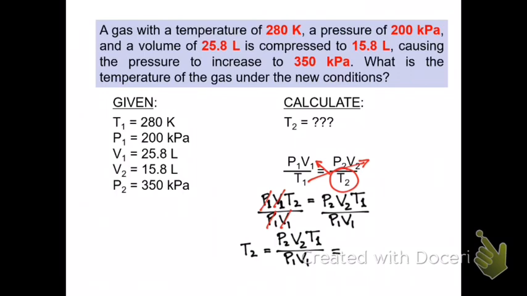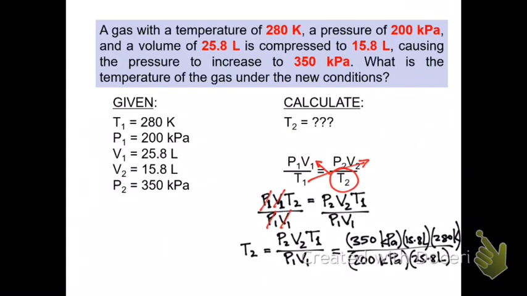And all you have to do now is plug in the numbers. So we have the final pressure of 350 kilopascals multiplied by final volume of 15.8 liters times initial temperature of 280 kelvins. And you're going to divide this whole thing by initial pressure, which is 200 kPa, times initial volume of 25.8 liters.